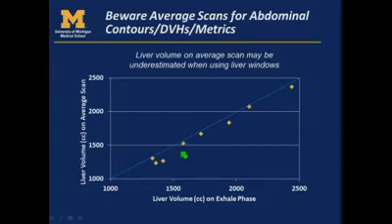And so if you're calculating a mean liver dose or using it for one of your IGRT objectives or your planning objectives, you just have to be a little bit more careful.